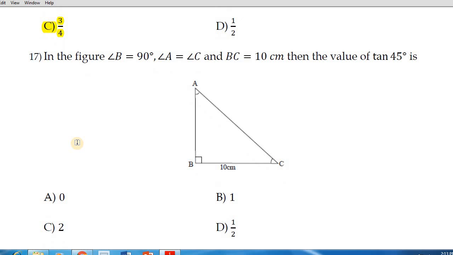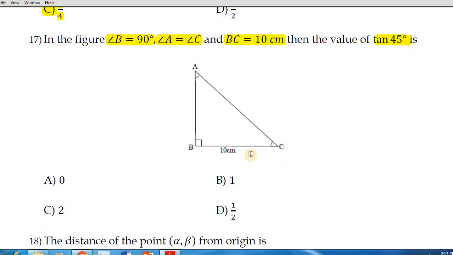Next, the 17th one, children. In the figure, angle B equals 90 degree, angle A equals angle C, and BC equals 10 centimeter. Then the value of tan 45 degree is. If you know the tan 45 degree value, you can go for the correct answer without seeing the options. Tan 45 degree value is 1.